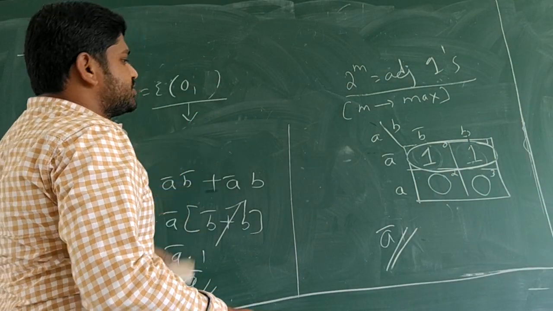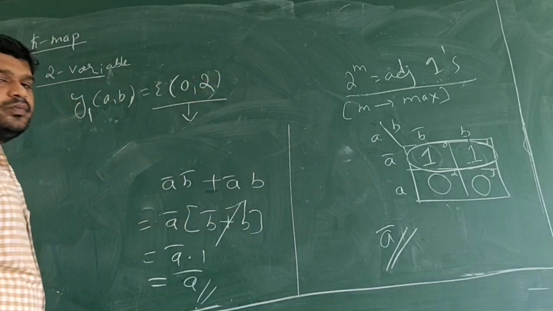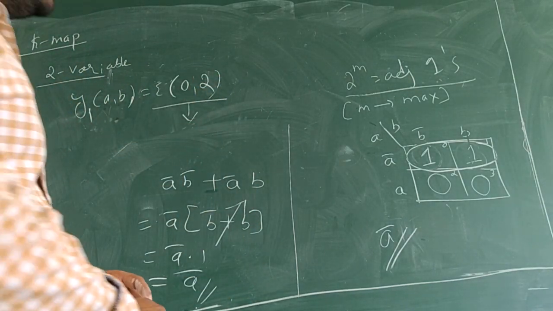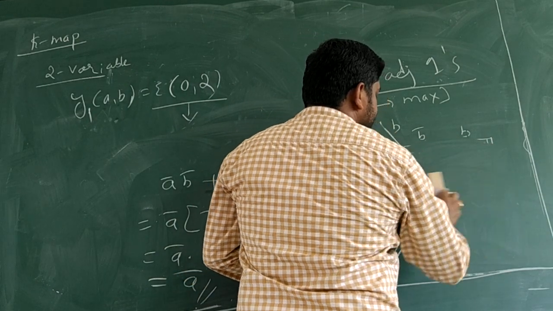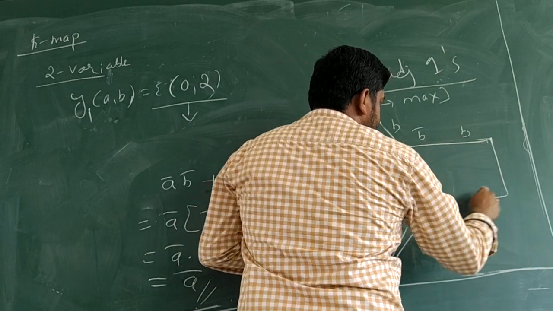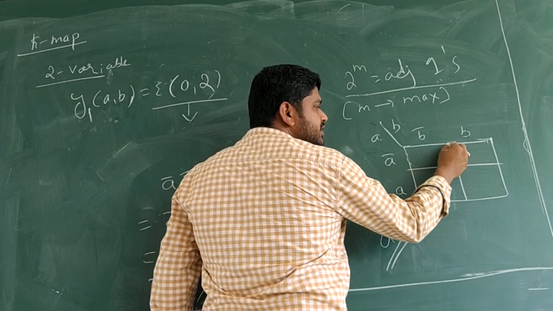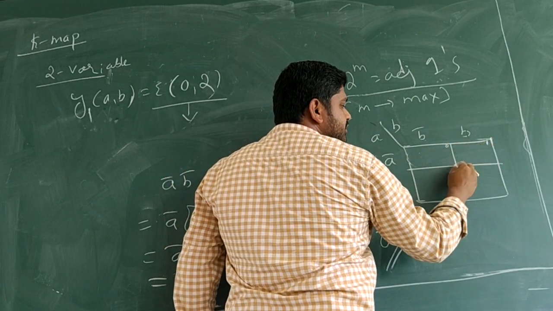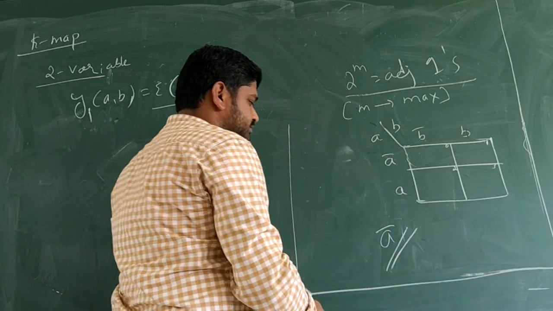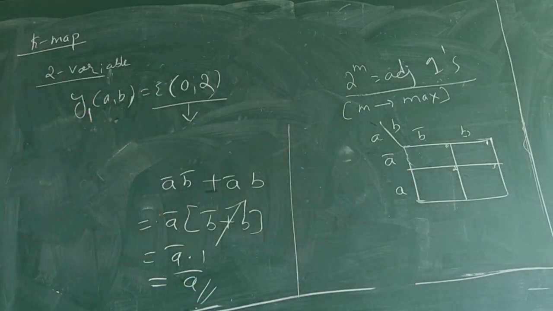Okay. If I change this to 0 and 2, how will it affect? Fine. Don't forget to write small cell numbers. 0, 1, 2, 3. Okay. So, please read out the given function now.